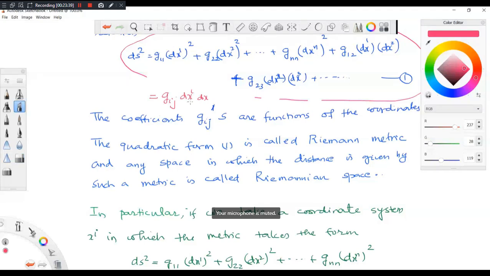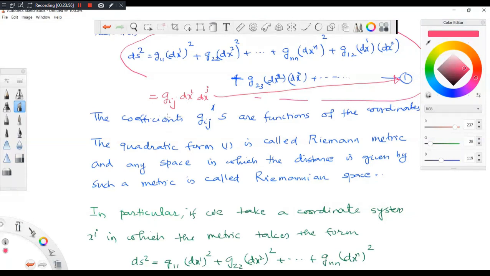I can even call this also equation 1. Both are 1. Here also, below the equation, add this, Gij dxi dxj.